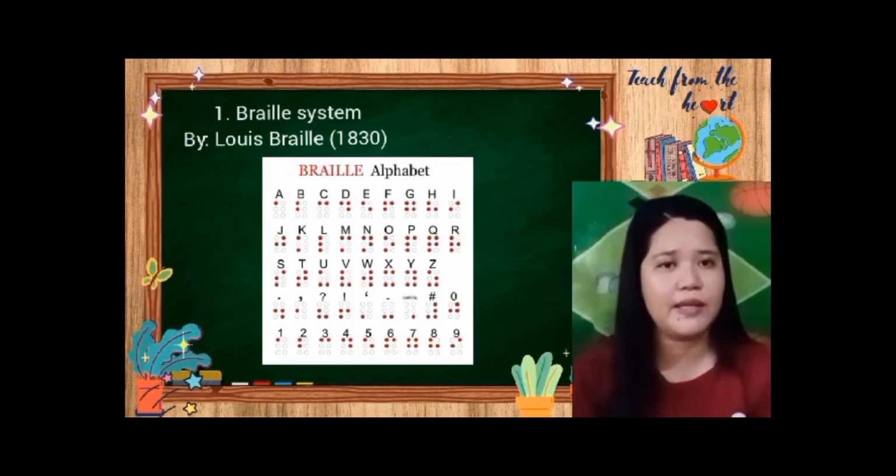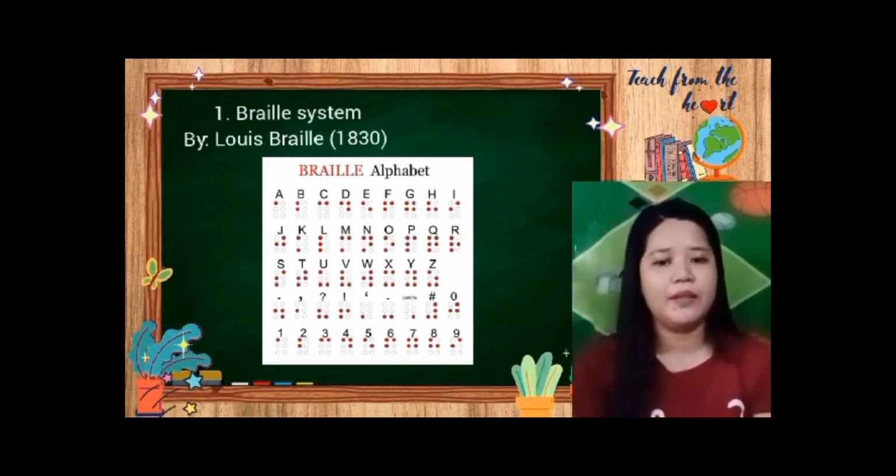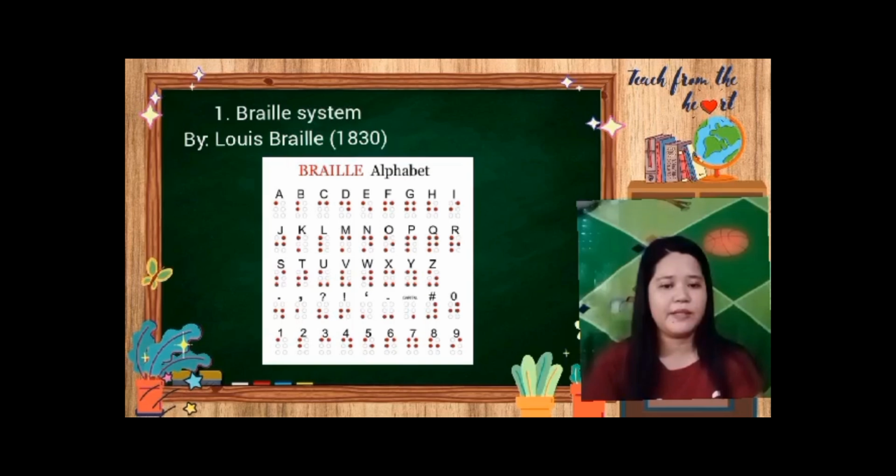So, as you can see in the picture, the Braille system was invented in 1830 by Louis Braille, a young blind Frenchman who played organ in church, as a means of recording church hymns and music. So, a Braille cell has six dots that are arranged two wide and three deep and numbered.